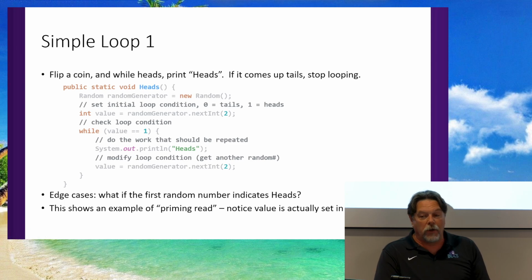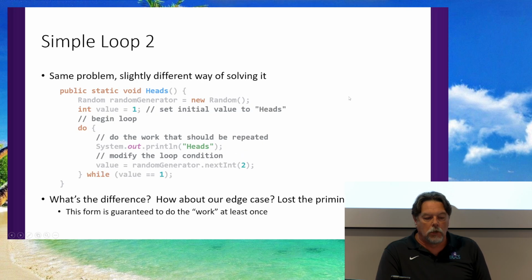Why do they call it a read? Well, because often you're reading data from a database. So you'll say read first record, and then inside the loop you'll say read next record. Okay, next example. Simple example number 2.